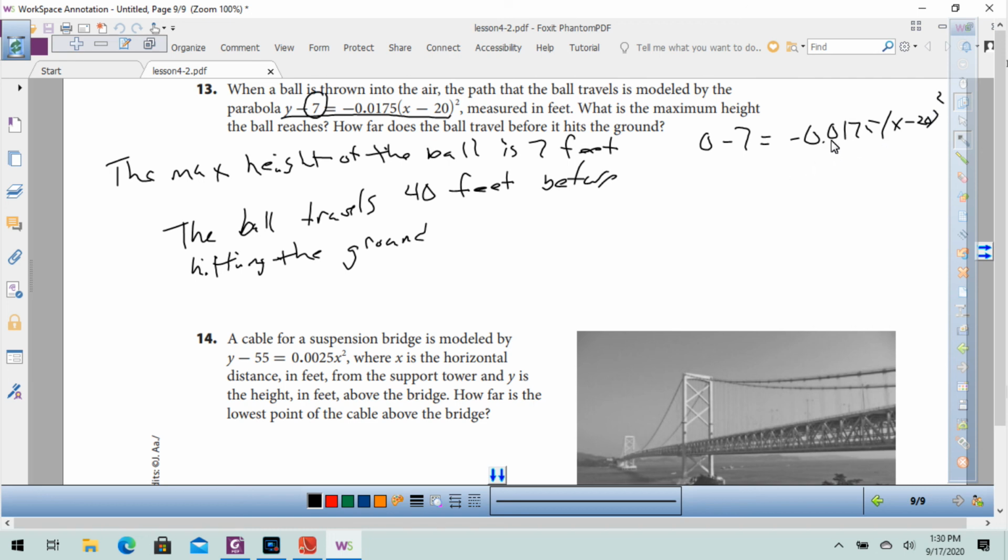If we divide both sides by negative 0.0175, that would give us, let's do that in the calculator.